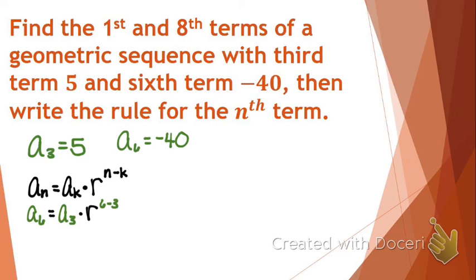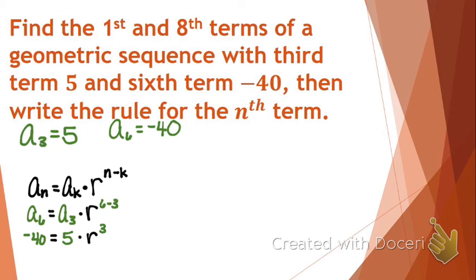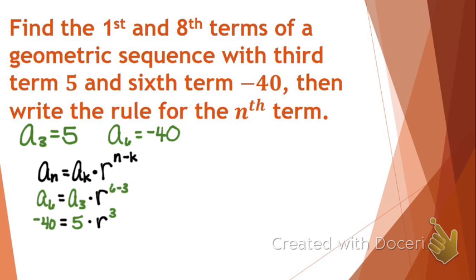What is our 6th term? Negative 40 equals, what is our 3rd term? 5 times r to what power? Yep, r to the 3rd power. Where would I go from here? Subtract? Divide. We're using multiplication here, so I need to use division.